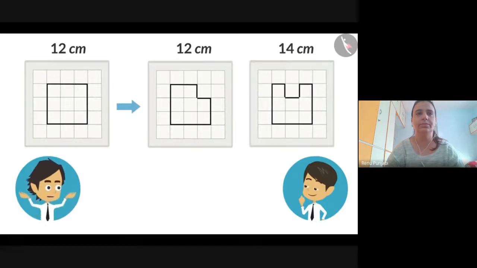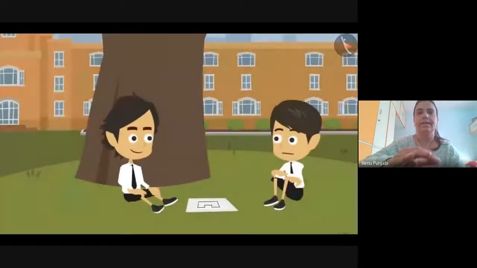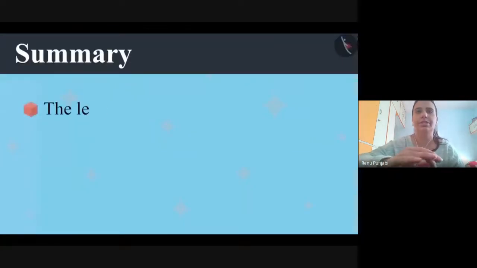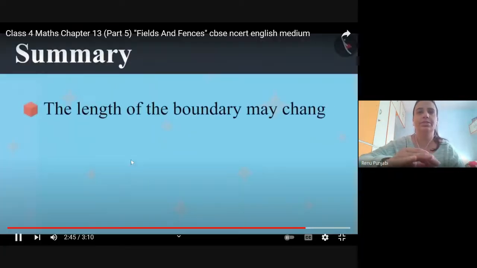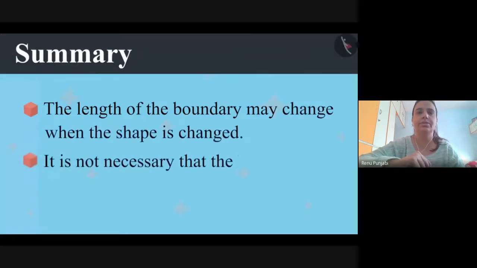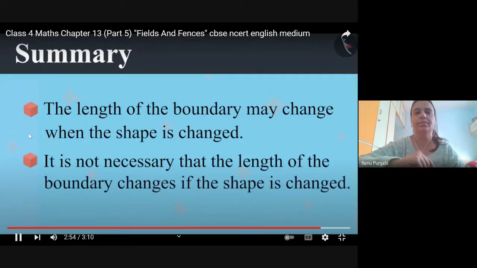But when I changed the shape, the length of the boundary changed. This means changing the shape may change the length of its boundary or may not change it. Did you get it? Sometimes it changes and sometimes it doesn't. Today we learned that the length of the boundary may change when the shape is changed, and that it is not necessary that it changes.